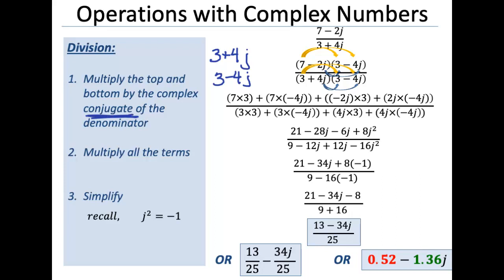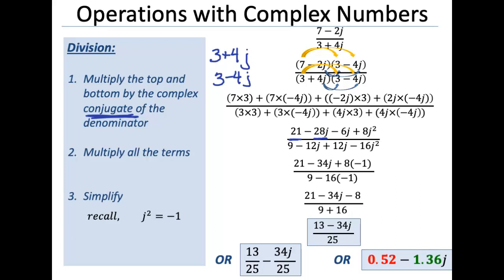So notice all I've done is rewrite that expression, multiplying both of these by 3 minus 4j. Now, I know there's a lot of terms here, but that's just showing you the multiplication that takes place. I would probably do this like you multiply two binomials together. First terms, 7 times 3 is 21. Outside terms, 7 times negative 4j is negative 28j.